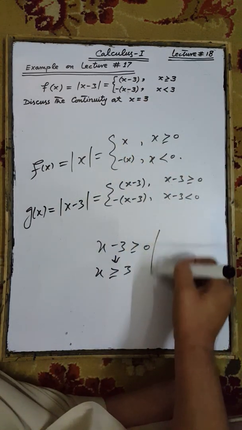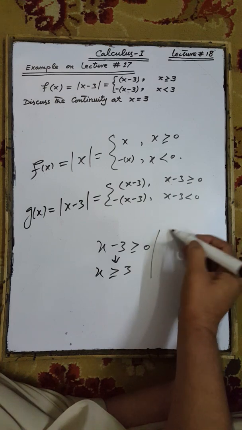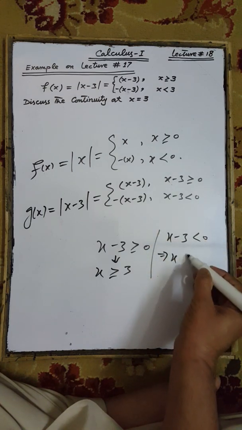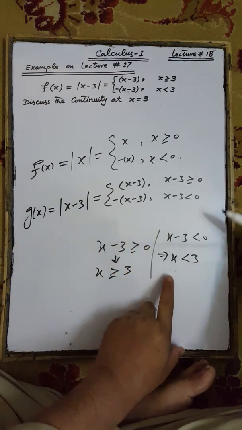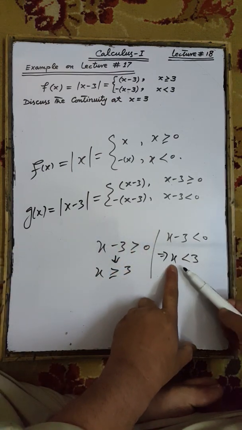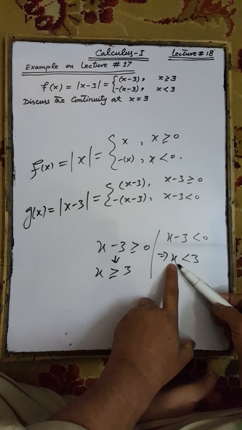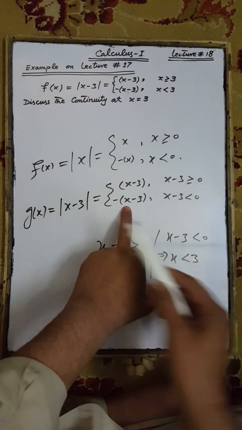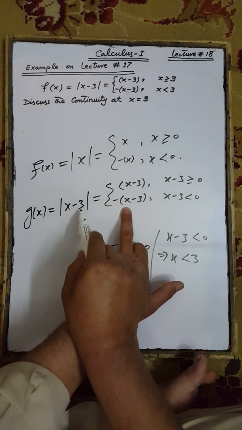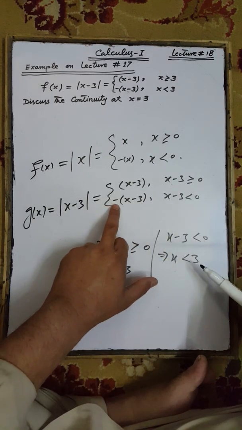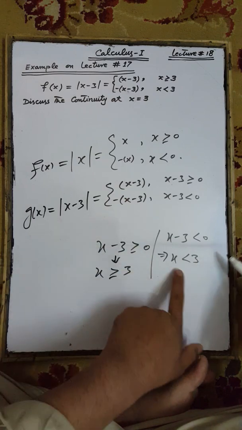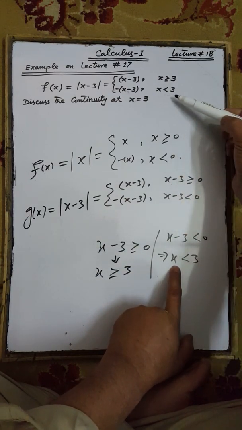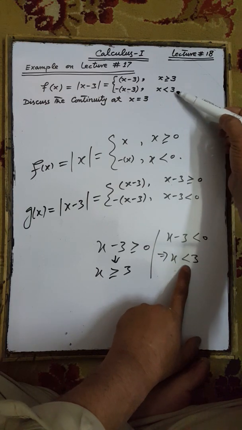And when x minus 3 is less than 0, this implies that x is less than 3.